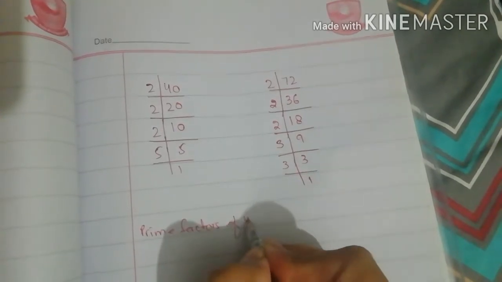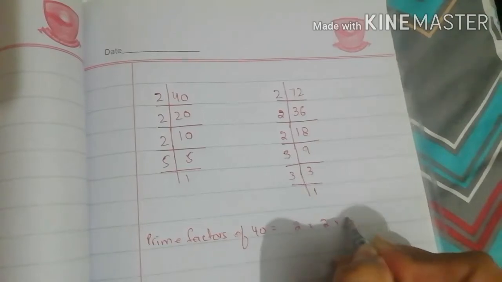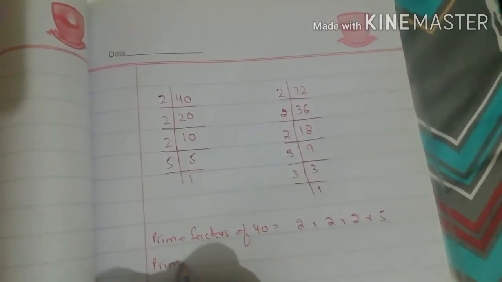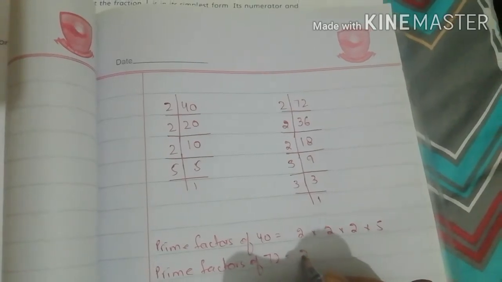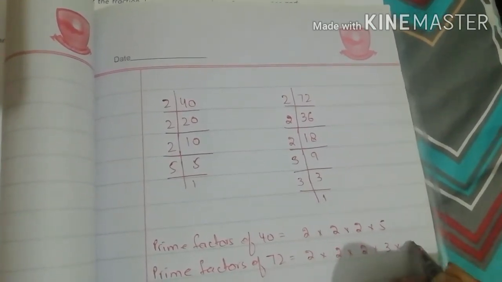Now the prime factors of 40 are 2 into 2 into 2 into 5, and prime factors of 72 are 2 into 2 into 2 into 3 into 3.